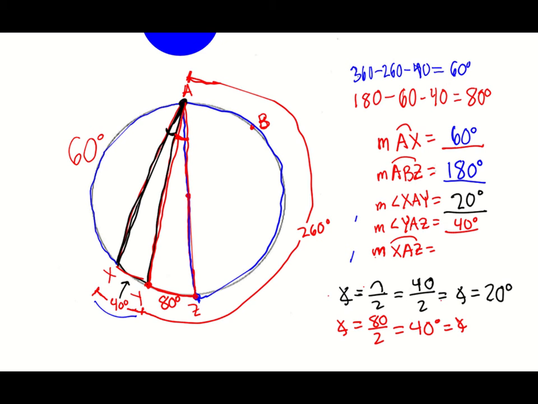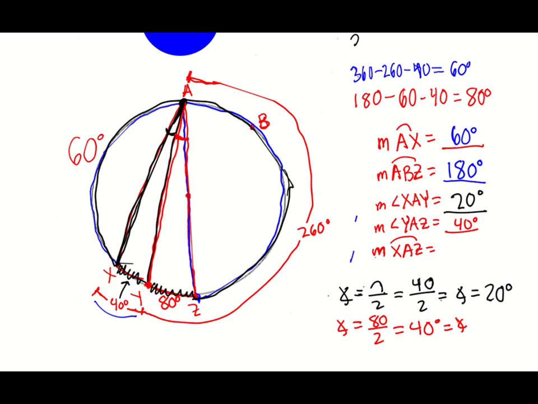Okay, and our last piece asks for the measure of arc XAZ. So we go from X all the way to A and all the way back down to Z. So we could try to add up all those pieces, or we could take away our XY and our YZ.